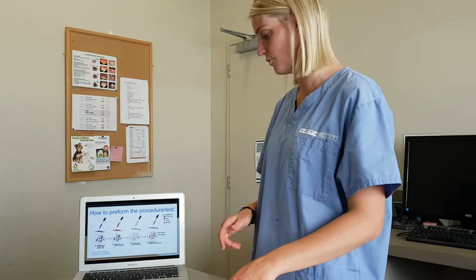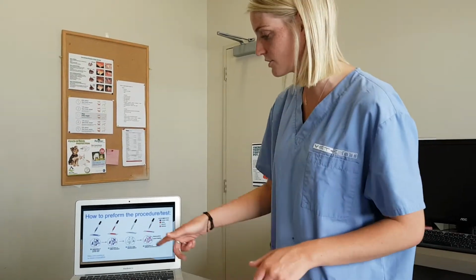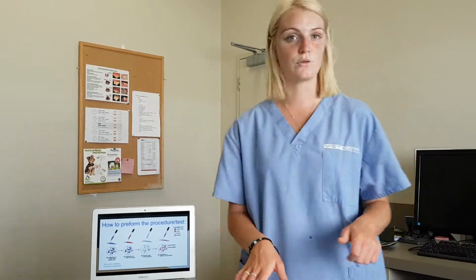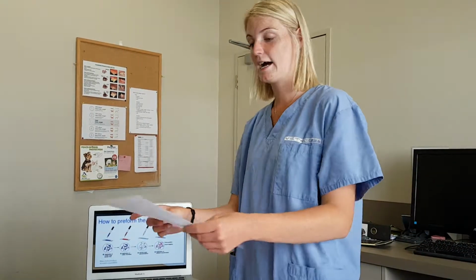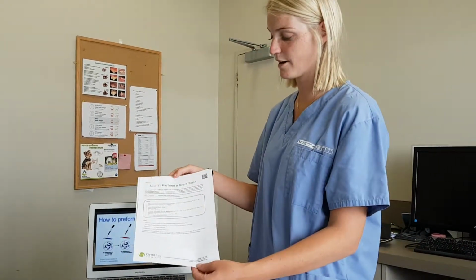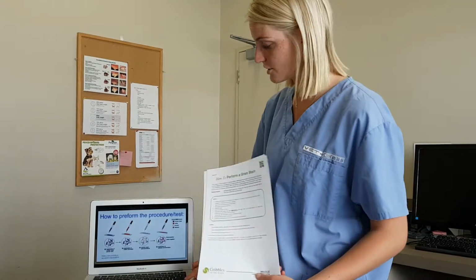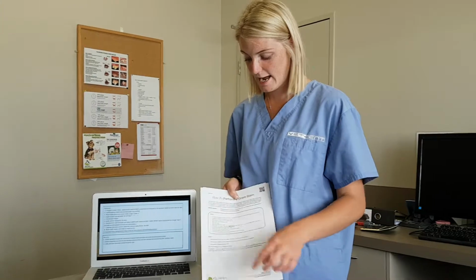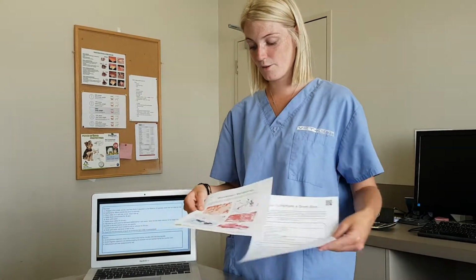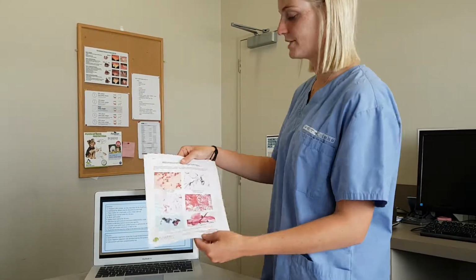So how to perform the procedure test. I've just got a wee picture there, and I've also printed out from Gribbles how to perform a gram stain. Just like on my next slide, I've put the methods and the results, and then here we've also got pictures.